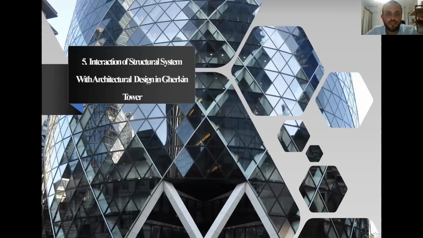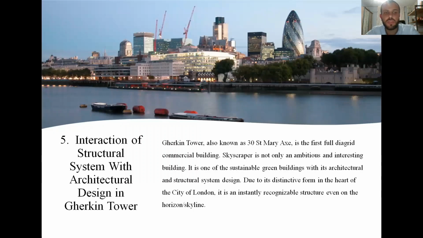5. Interaction of structural system with architectural design. Gherkin Tower. Gherkin Tower, also known as 30 St Mary Axe, is the first full Diagrid commercial skyscraper. It is not only an ambitious and interesting building, it's one of the sustainable green buildings with its architectural and structural system design.